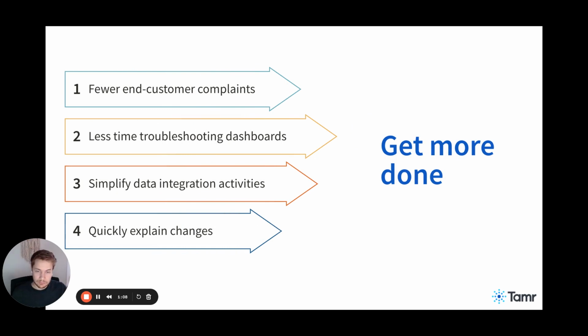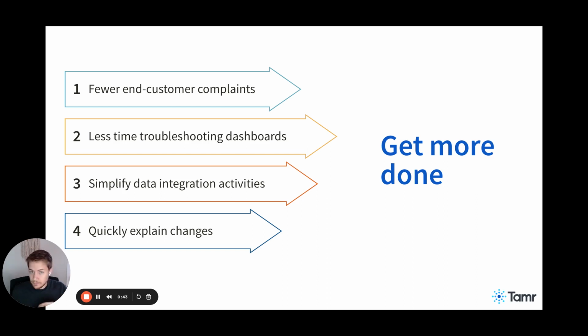One, because you have an accurate view of your end customers, people within your organization are going to be spending less time responding to customer complaints because people are serving and interacting with customers using complete, accurate information. If you're on a data team or an analytics team, the dashboards that you're creating are much more likely to be accurate and trustworthy, and therefore saving you time troubleshooting when there are issues.